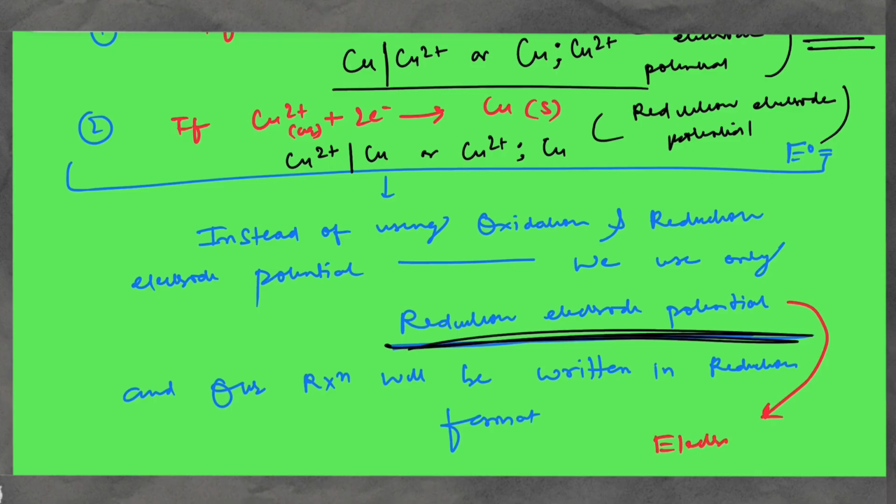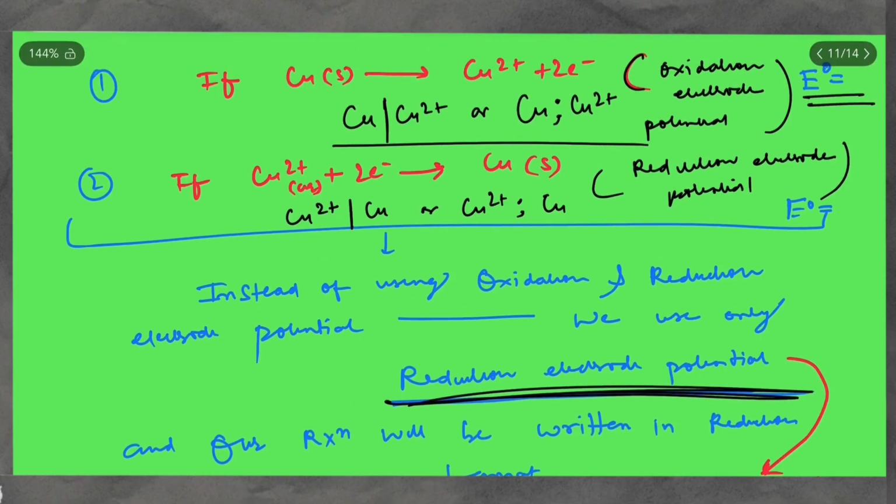We will simply name it electrode potential, and it will be understood that it is basically reduction electrode potential, and the reaction will not be in oxidation format, it will be represented in terms of reduction format.